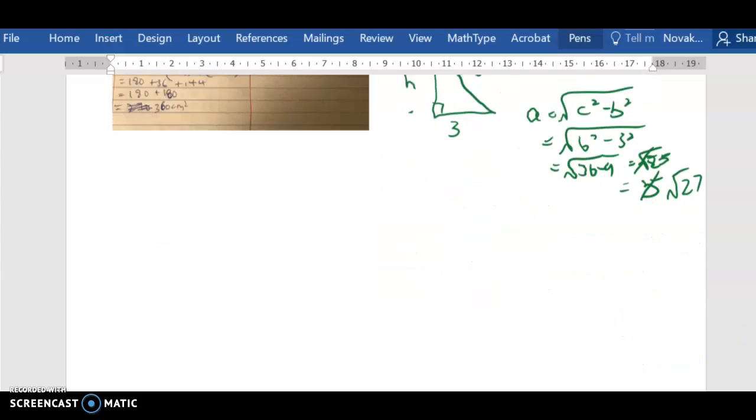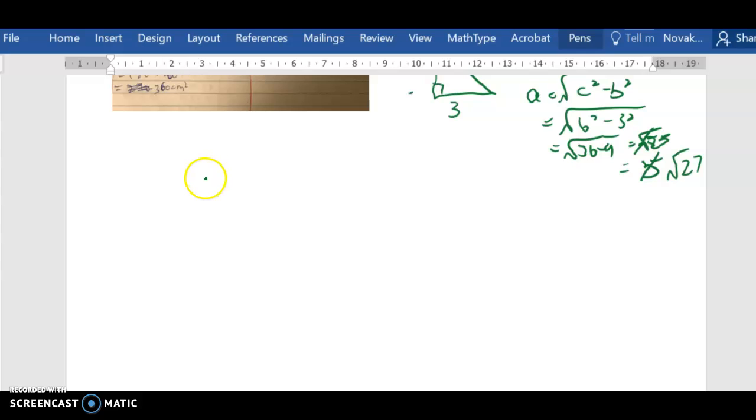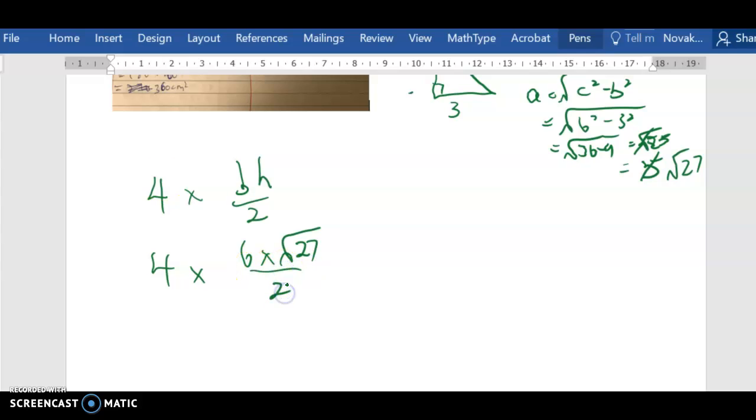So the actual solution to this problem is: the area of that shape is 4 lots of base times height on 2. That's 4 lots, yes, the base is 6, but in actual fact the height is root 27 over 2.